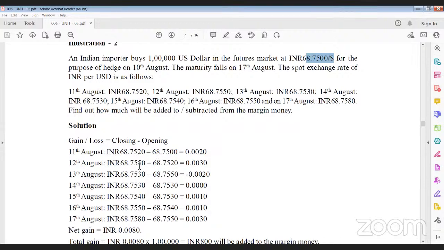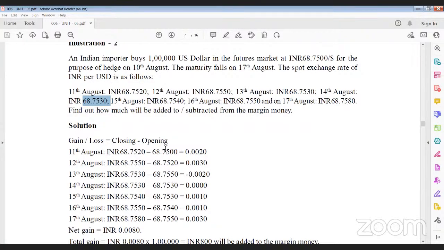Now, this being the opening, the closing on 11th is 68.7520. This will become the opening of 12th. Then we have 68.530, which is the closing of 14th August. Opening will be the previous day's closing.